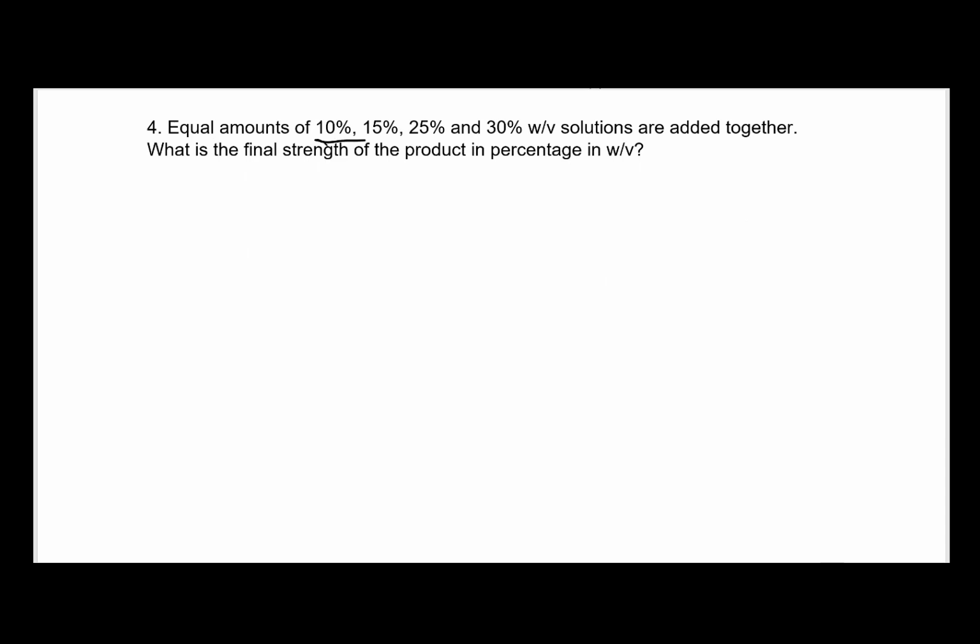Equal amounts of 10%, 15%, 25%, and 30% weight by volume solutions are added together. What is the final strength or the final concentration of the product? We added 10%, which was 10 grams in 100 mils. We added 15%, which was 15 grams in 100 mils.